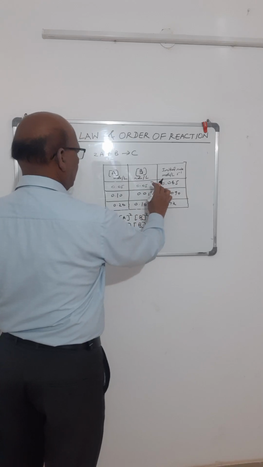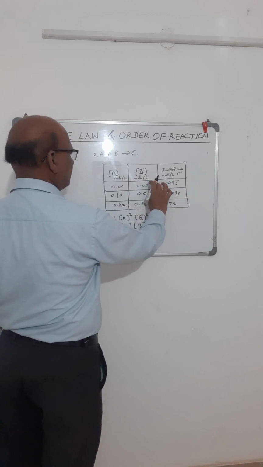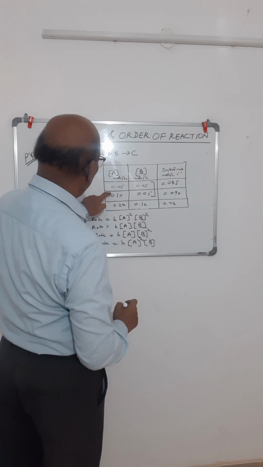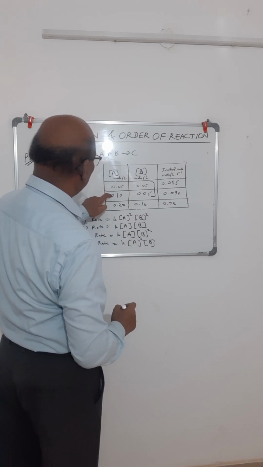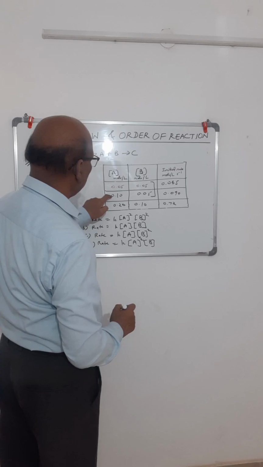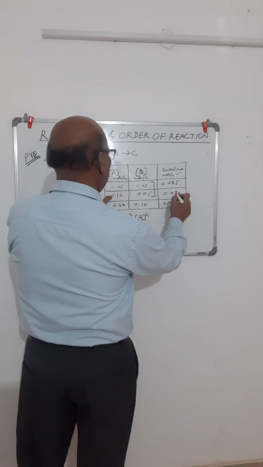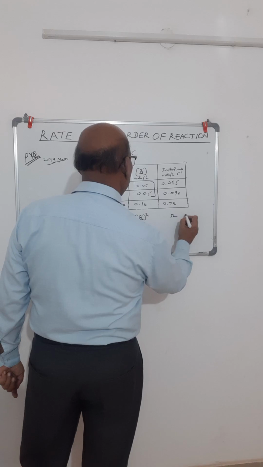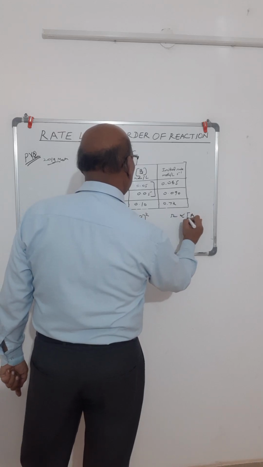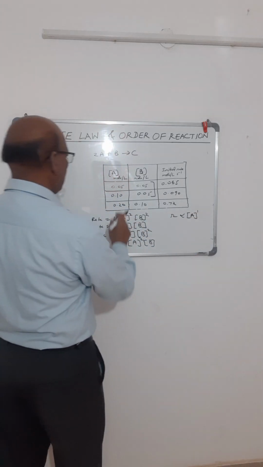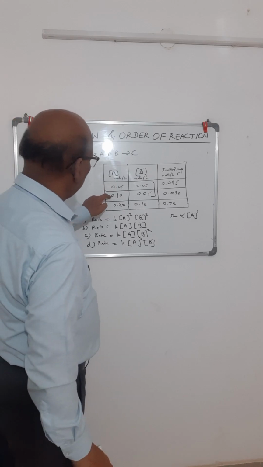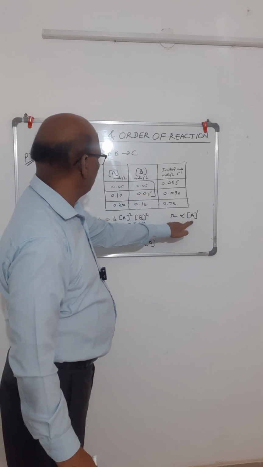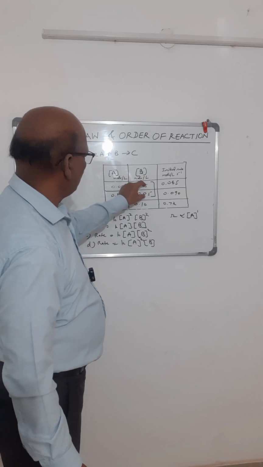So at same concentration, that is constant concentration of B, if I increase the concentration of A from 0.05 to 0.1, यानी concentration of A अगर डबल करता हूँ तो रेट भी डबल हो रहा है. इसका मतलब with respect to A, your rate is proportional to A to the power 1, because जब इसका हम concentration डबल करते हैं तो रेट भी डबल हो जाता है. इसका मतलब रेट is proportional to concentration of A, because B is constant.